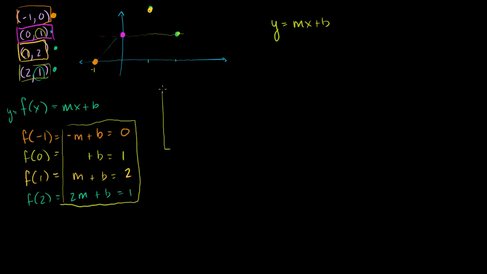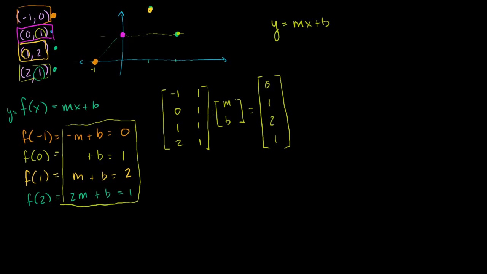We could write it like this: -1, 1, 0, 1, 1, 1, 2, 1, times the vector m, b has got to be equal to the vector 0, 1, 2, 1. These two systems are equivalent statements, right?